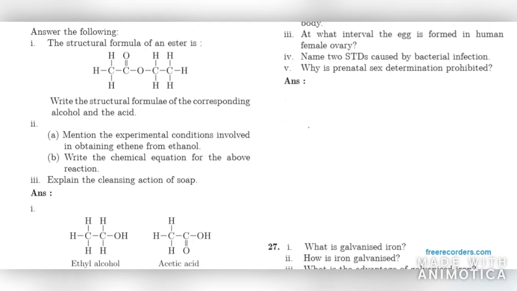Now second part, mention the experimental conditions involved in obtaining ethene from ethanol. You just need to write that you have to add concentrated sulfuric acid at 443 Kelvin. It gets dehydrated into ethene. So remember this. This is again a very important question from the viewpoint of the CBSE board.